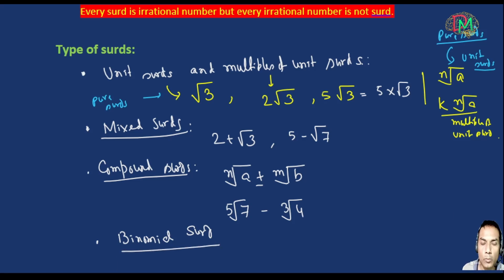When two monomial Surds are added or subtracted, then it becomes a binomial Surd. So for the general expression, n root a plus m root b is an example of the binomial Surd.